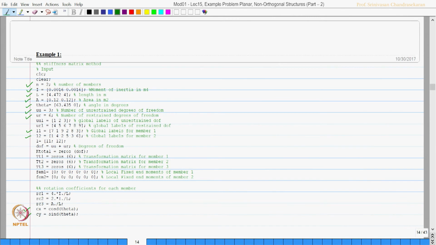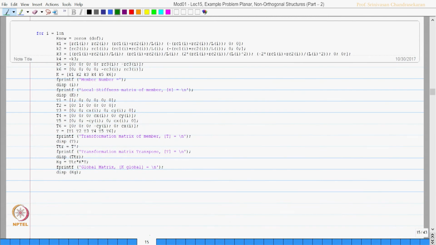Then obtain the transformation matrix for member 1 and member 2. Once this is completed, find the fixed end moments in this problem, they are 0. Find the rotational coefficients and the axial stiffness coefficient, we got the values. Once this is completed, obtain the stiffness matrix for each member.